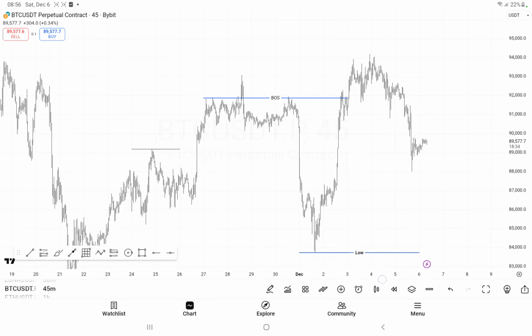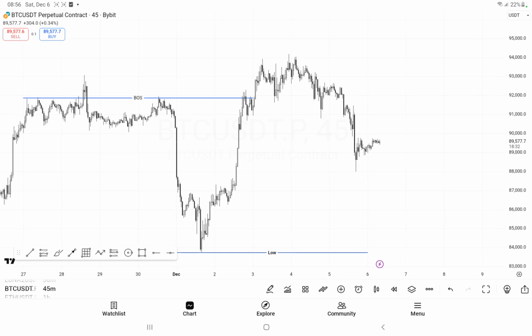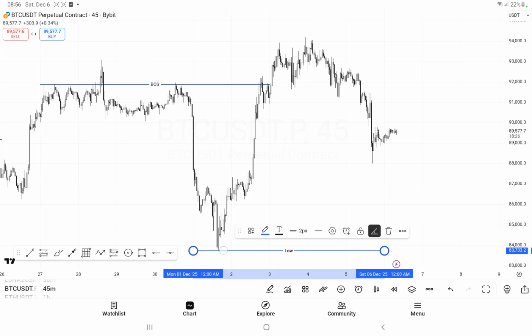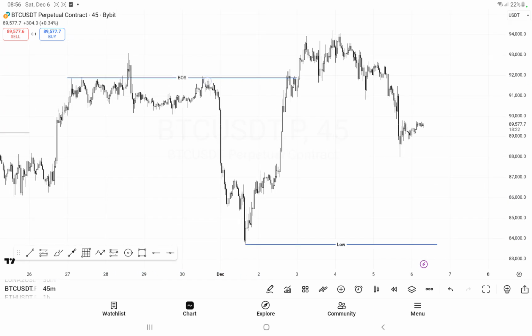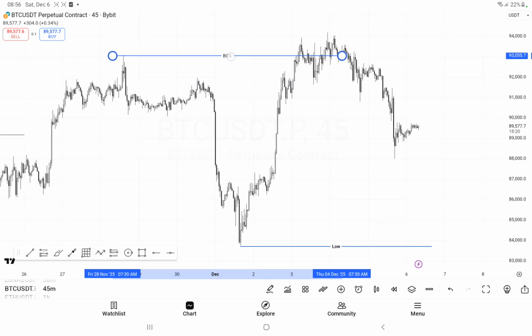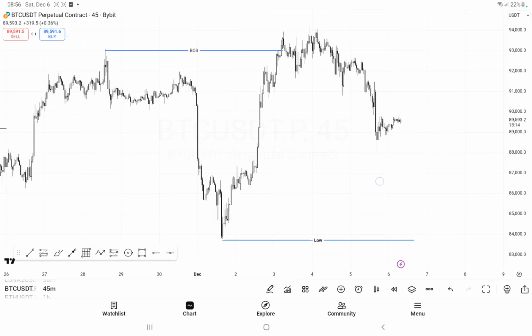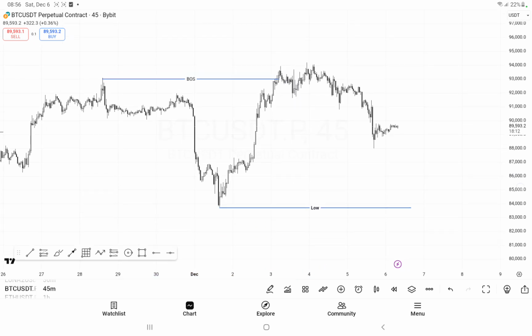So within this whole range, taking buys would obviously give you high probability setups. Why? Because the whole candlestick range that I'm trading from is bullish. The trades I'll be taking from this whole range will be bullish. So you have to keep this in mind to be able to trade correctly.